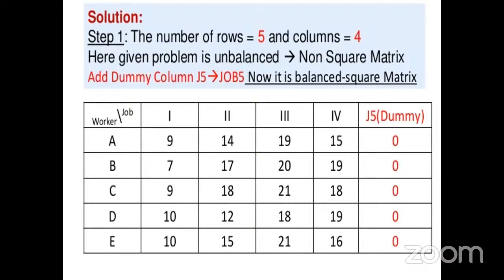But in step number 1, row reduction is not possible, because in every row you will find 0 as the least. Yes, sir. So every row has 0 as the least. So row reduction is not possible, but column reduction is possible.